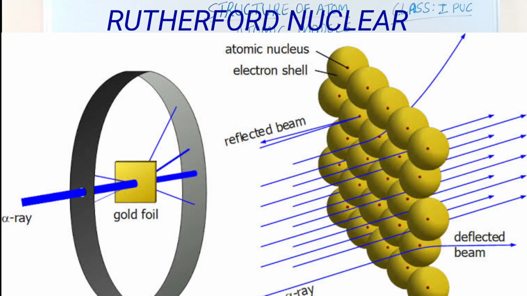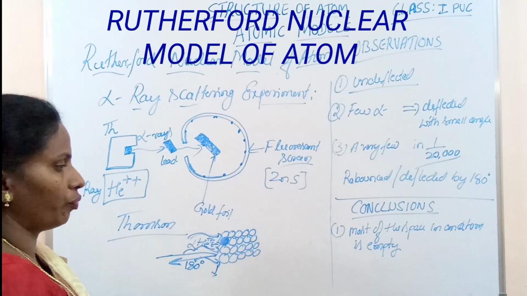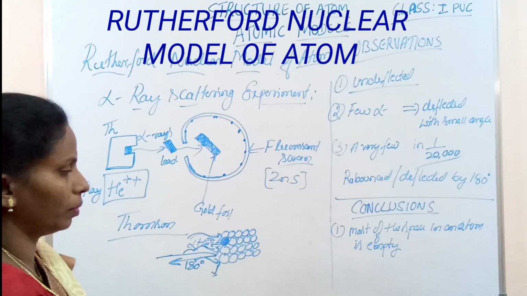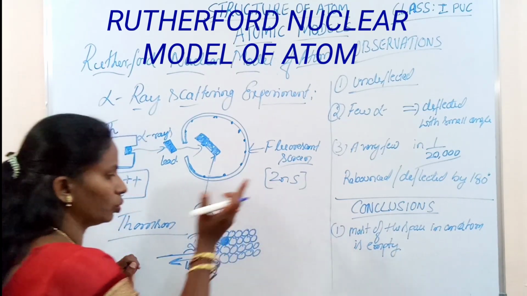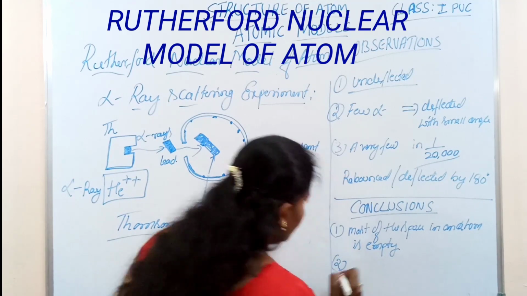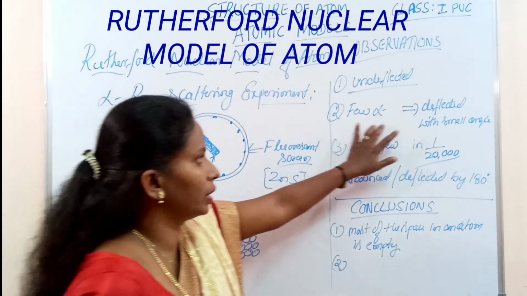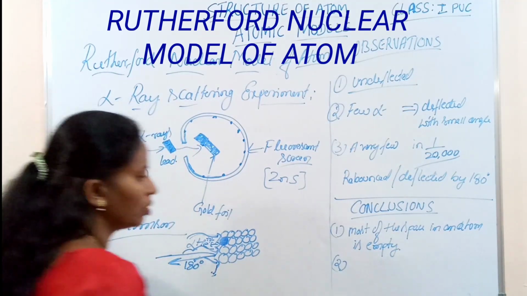There is large free space, so without any deviation they pass through the atom and the gold foil. That was his first conclusion.